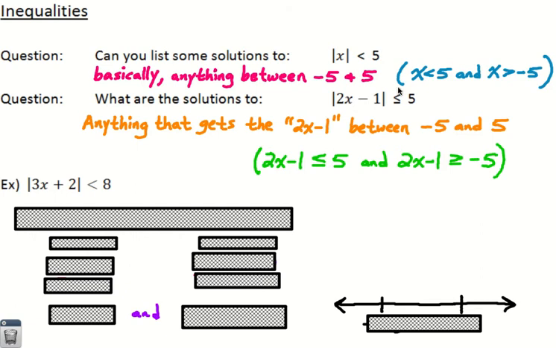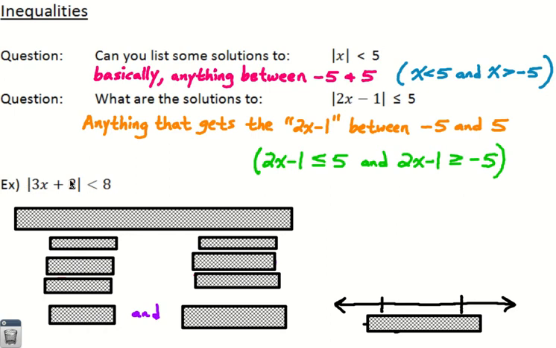But in the second case, we not only reverse the symbol, but we turn the 5 into a negative 5. And that's going to be a pretty good overall strategy when you're dealing with absolute value inequalities. And spoiler alert, if the original symbol is greater than, it's the same thing, but let's not get too ahead of ourselves.